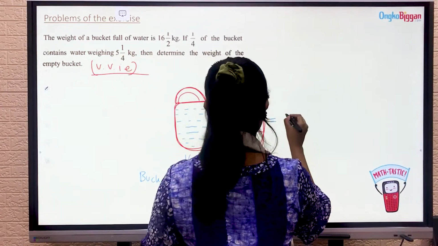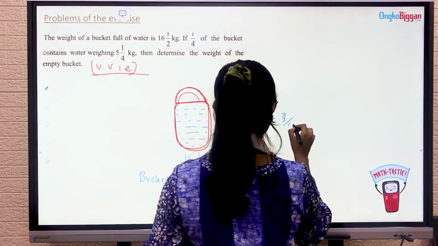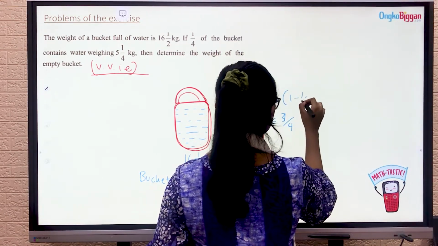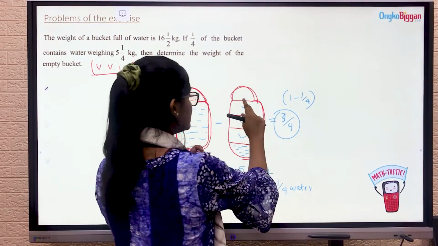That means 3/4, that means 1 minus 1/4 portion of water. So we will get the water contained in this portion.